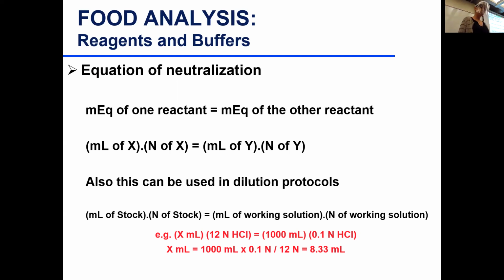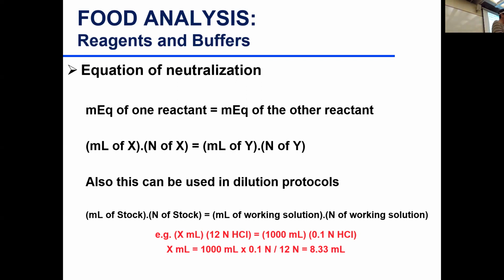Okay, now, if I ask you this question in a quiz, I want you to tell me, not just show me 8.33 milliliters, but tell me how you go about it. You get a 1,000 milliliter volumetric flask. You put a little bit of distilled water in there, so that you can pour the concentrated acid into it. You don't want to pour water on top of a very concentrated acid. It splashes. It's not safe for you.